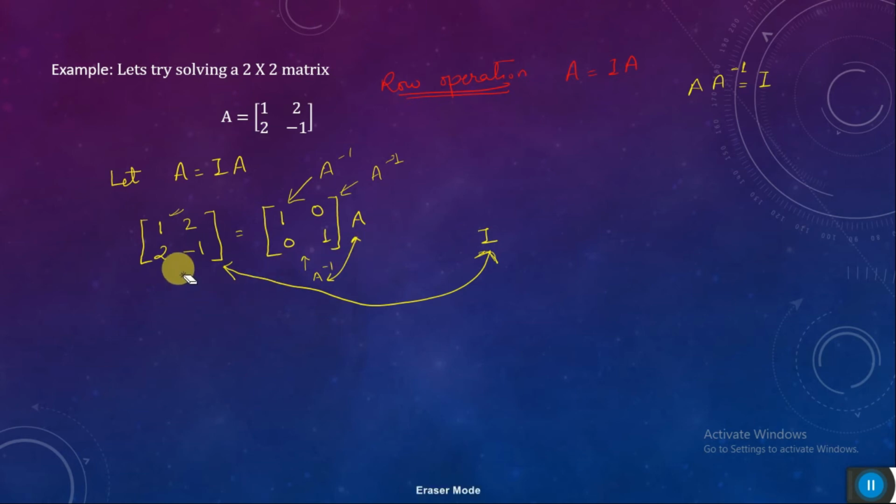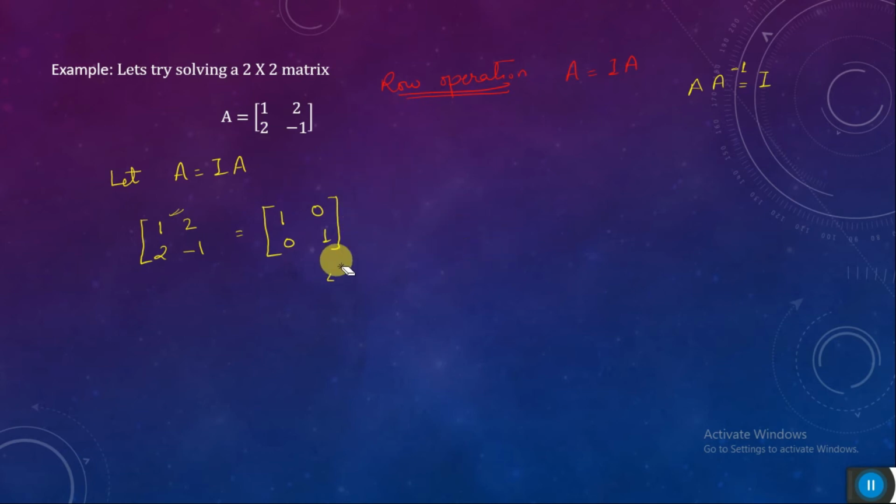So let's see how to do. Now whatever operation you apply on left hand side, same operation will be applied to right hand side. Remember, we need to get a situation like this: I equals to A inverse A.